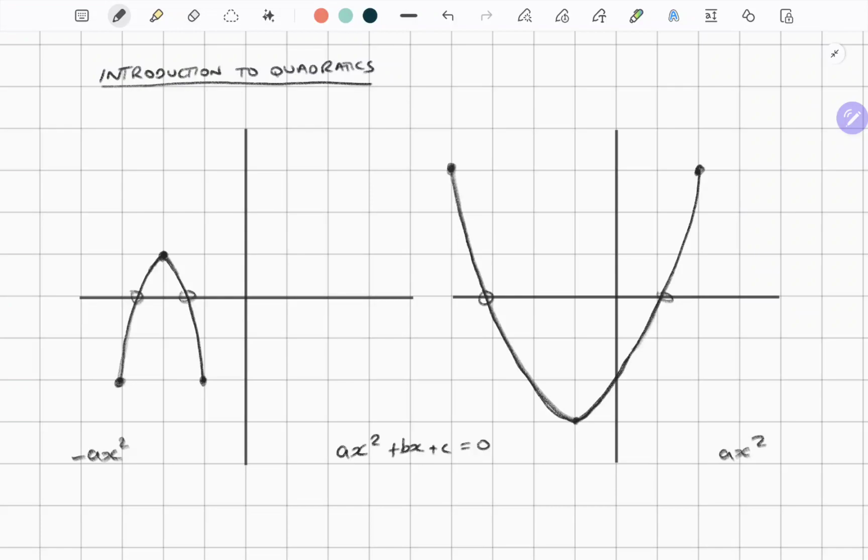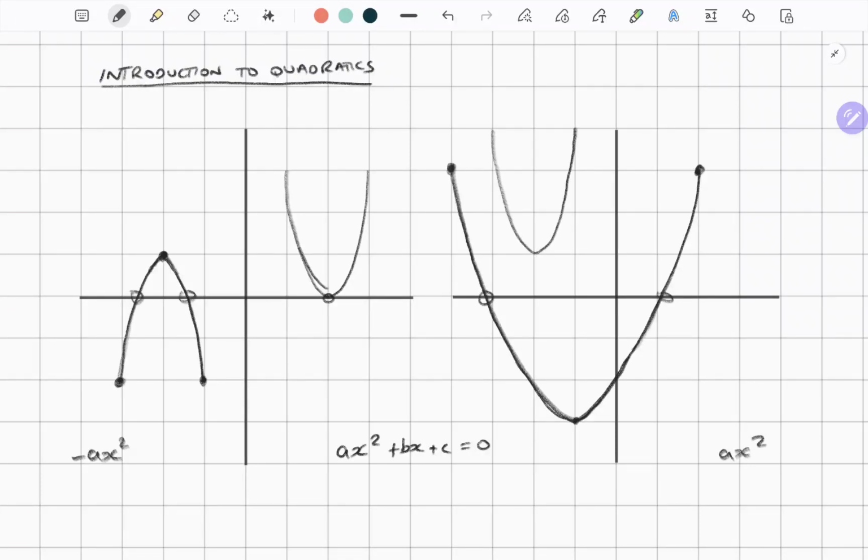So a quadratic graph can have 2, 1 or 0 x-intercepts. On both these graphs we've got 2, but you might find that you've got 1 x-intercept here, or you might find that you've got none at all.